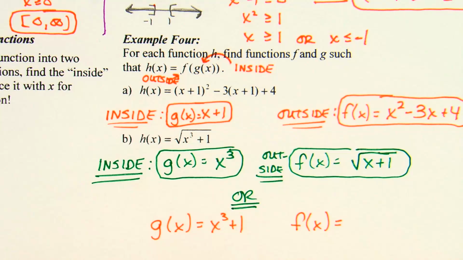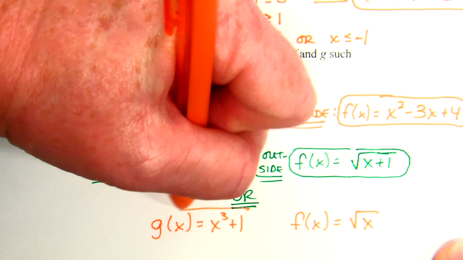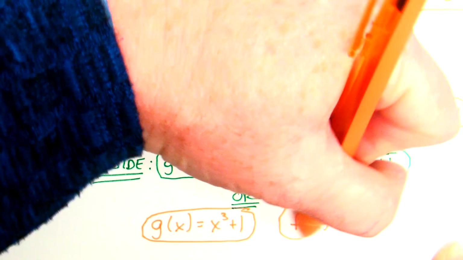As I said, not wrong. So if x cubed plus 1 is your inside, you take that whole x cubed plus 1 out, what goes in its place? An x. So what's this going to be? Square root of x. So it's like the same thing, just a matter of which way you put the plus 1.